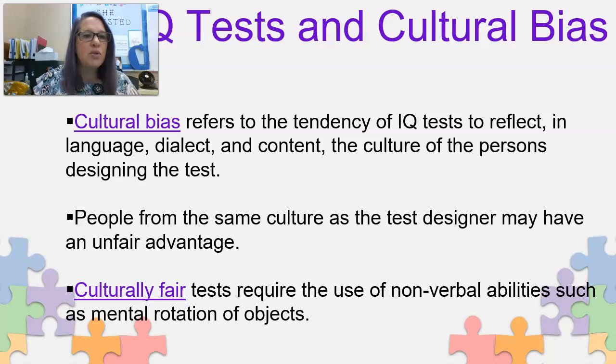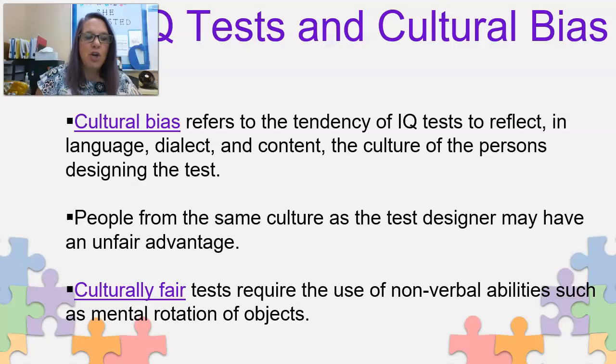And guess what? Most intelligence tests are designed by middle-aged white men. So in general, the language that they're using as part of their questions, the content, sometimes even the verbiage or slang that they might be using is geared toward a middle-aged white person. So there is some cultural bias that leaves other cultures at a disadvantage when they're taking the test, which could show that their intelligence is lower than it actually is.